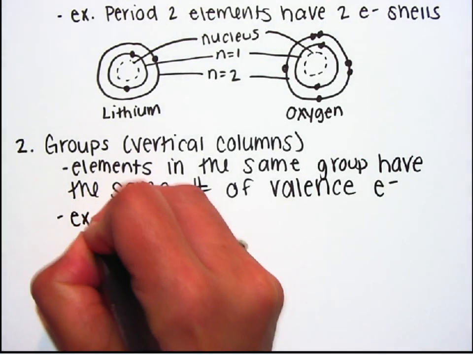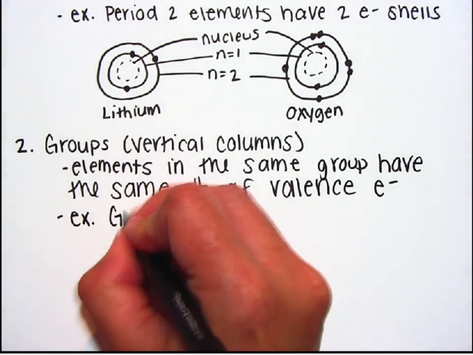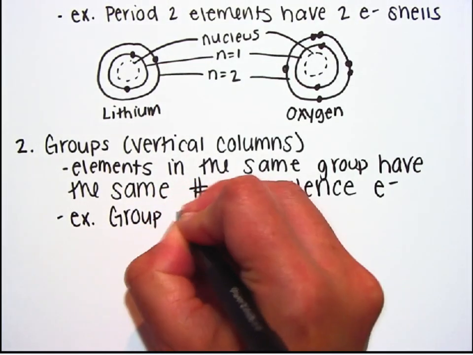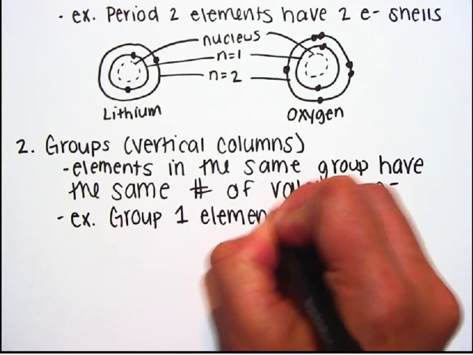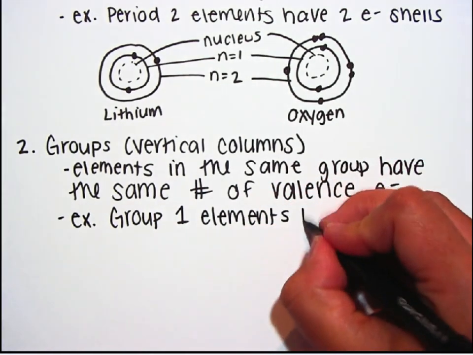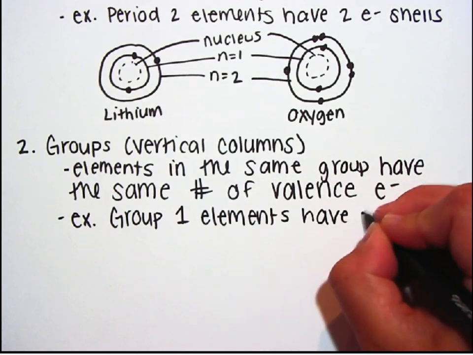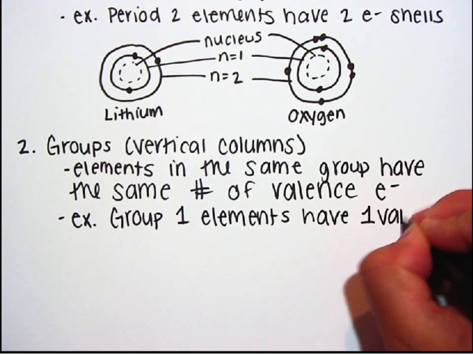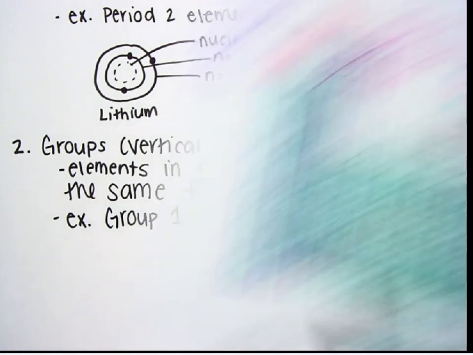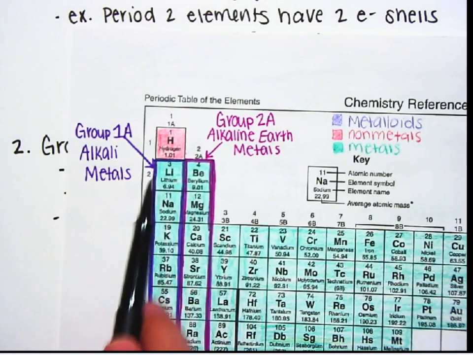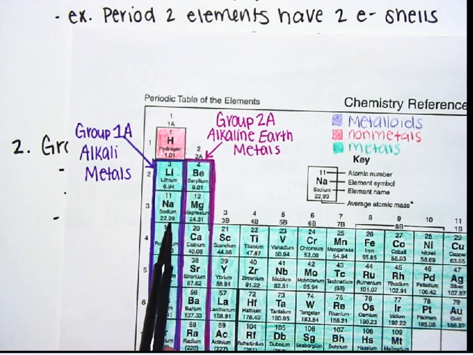So if we look at elements from group 1, group 1 elements have 1 valence electron. So we're going to draw Bohr diagrams for lithium and sodium.